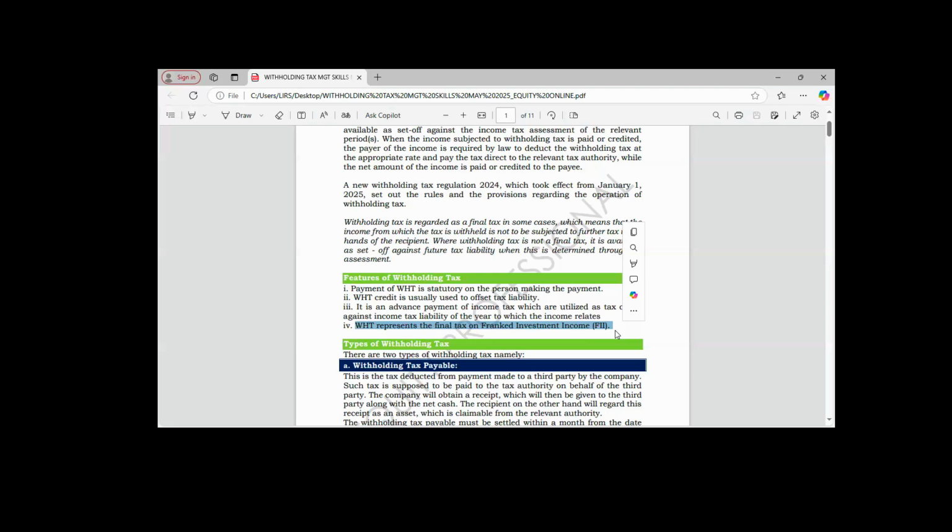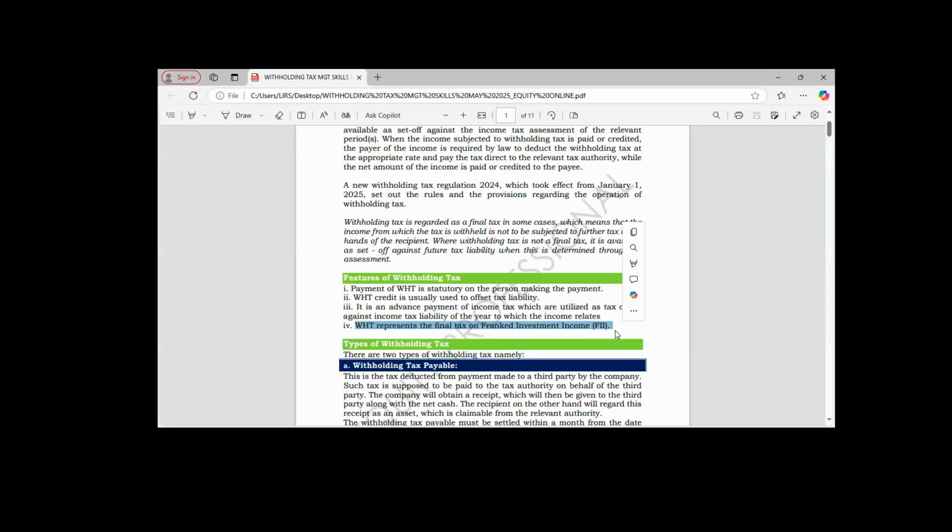And most of these individuals, not all individuals, are in business. They are running business. So those that are not running business don't keep records of these transactions, like you and I. So if you don't keep records and they pay you this dividend, you will end up not disclosing that income, and there is no way government can trace it.